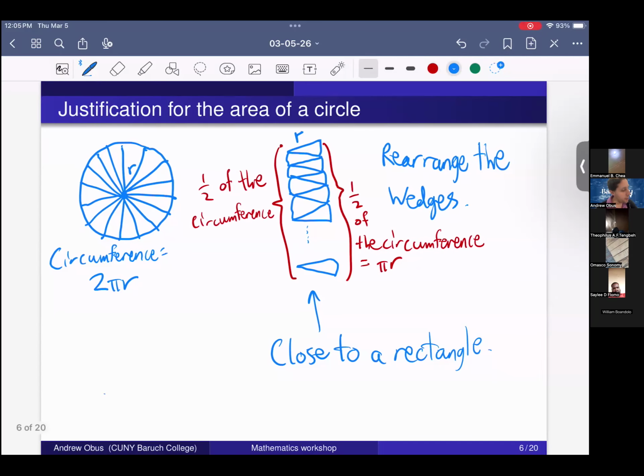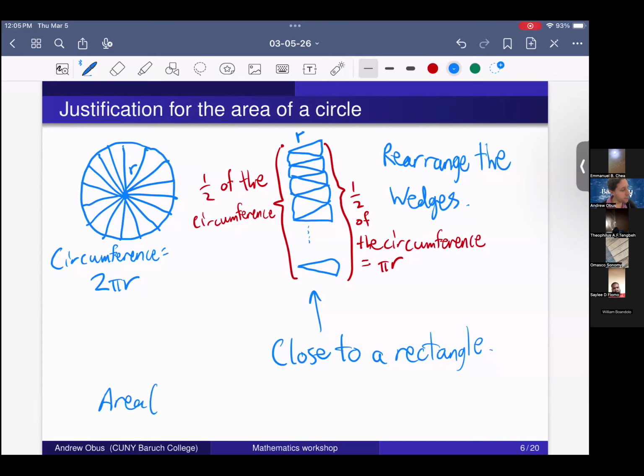And so the area of the circle is equal to the area of the rectangle, right? Because all we did was slice it up and rearrange it. That's not going to change the area. And the area of a rectangle is going to be, well, we have r is one side times 1/2 of the circumference, which we saw was pi r. And this gives us pi r squared.